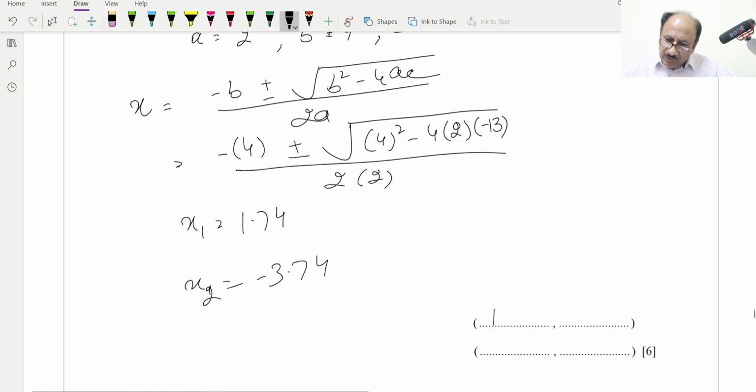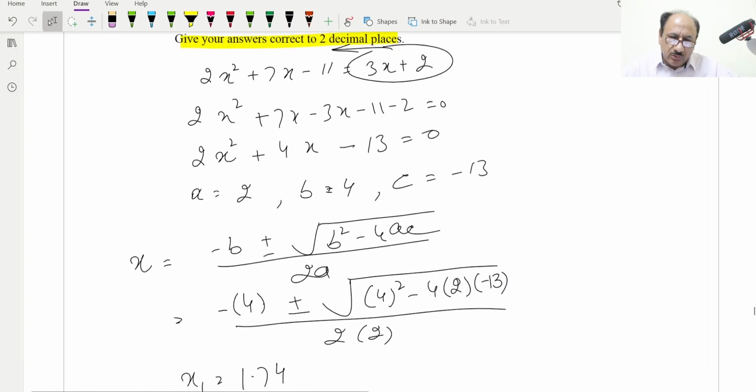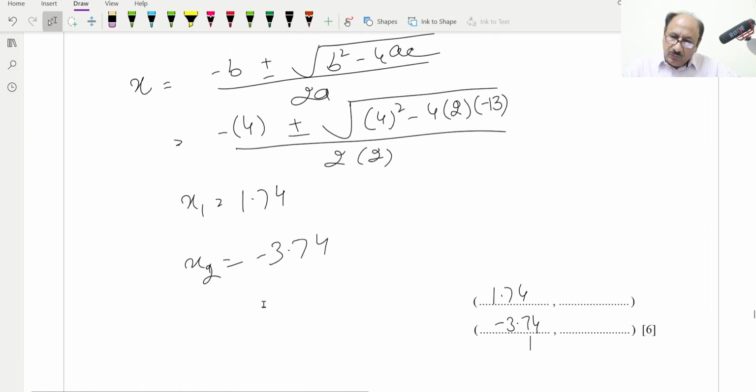So one is 1.74 and the second coordinate of x is minus 3.74, and now we can replace these values in the equation y is equal to 3x plus 2.